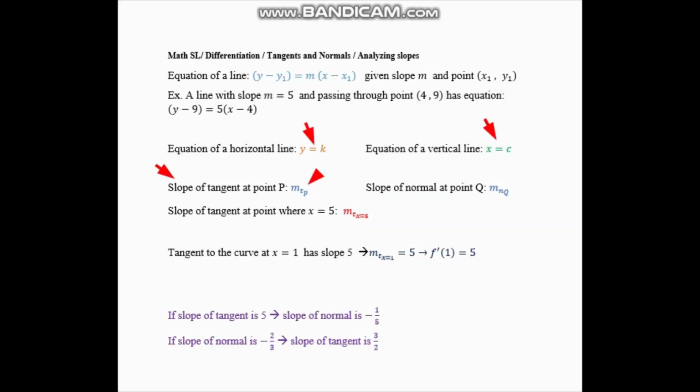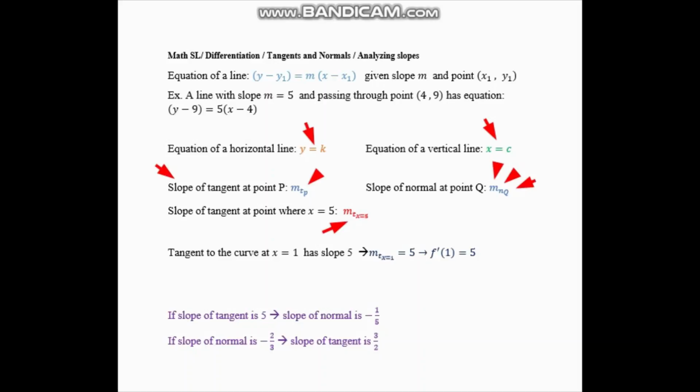Now if I want the slope of the normal line at point Q, I shall use M to refer to slope, I shall use N to refer to normal, and I shall use Q to refer to the point in question. Furthermore, if I don't have a letter that represents a point, but I want to get the slope at the point where x equals 5, you shall find that I shall refer to this as M tangent, T for tangent, and with a subscript of x equals 5.